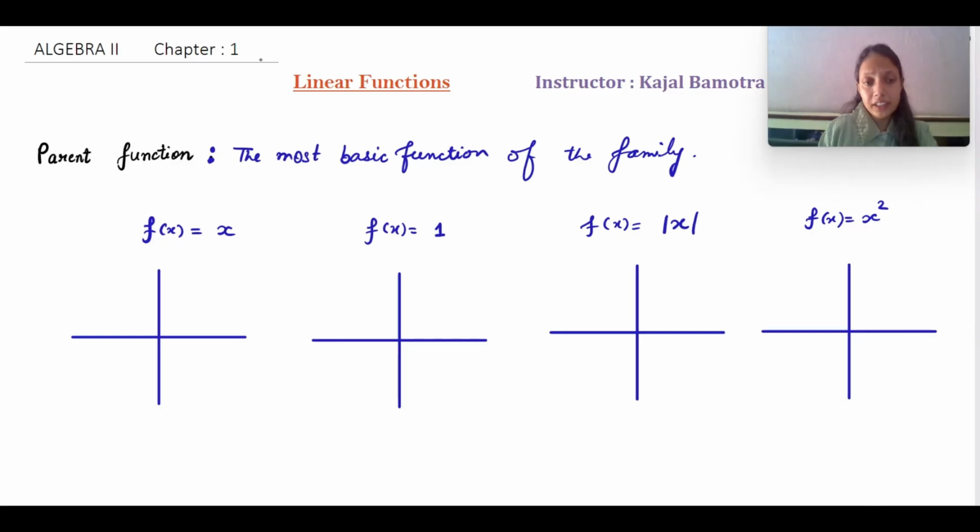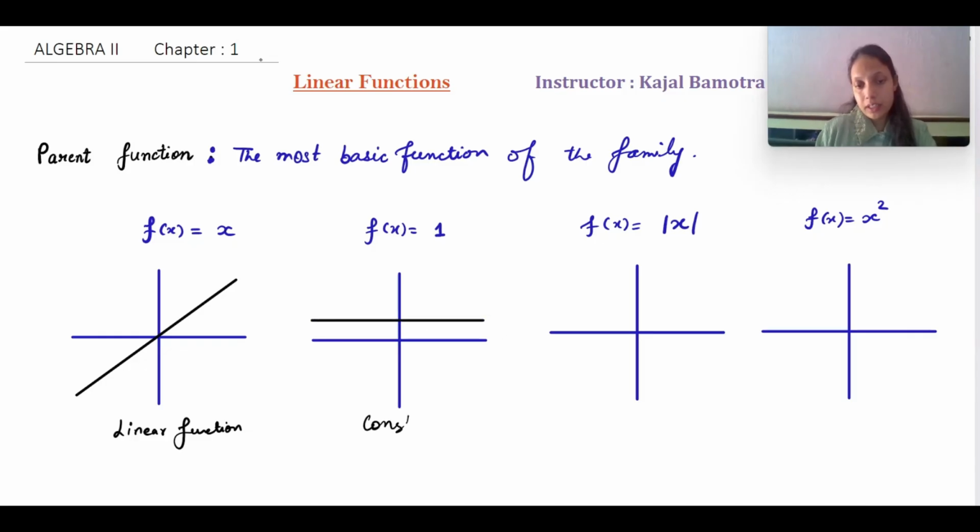The first, the linear function, looks like this. f(x) is equal to x, a linear function. The next is f(x) equals 1, which is a constant function, and it will look like this. It's a constant function.